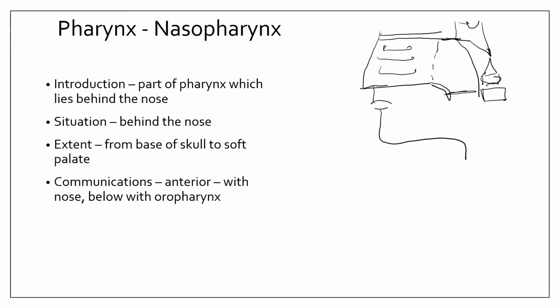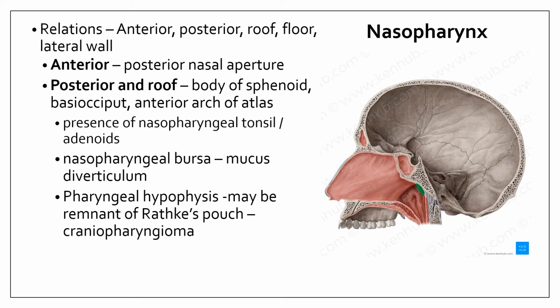Communications: anteriorly with the nose and below with the oropharynx. Now what are the relations? Relations for each part, nasopharynx, oropharynx or larynx, we will study under the following heads. Anterior relations, posterior relations, the roof and the floor and the lateral wall.